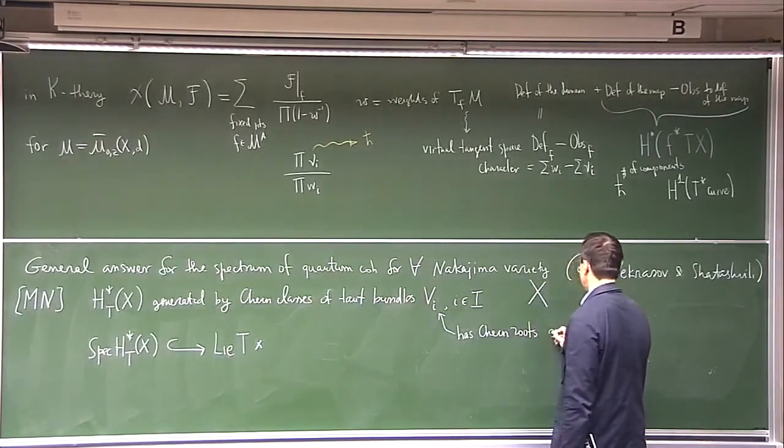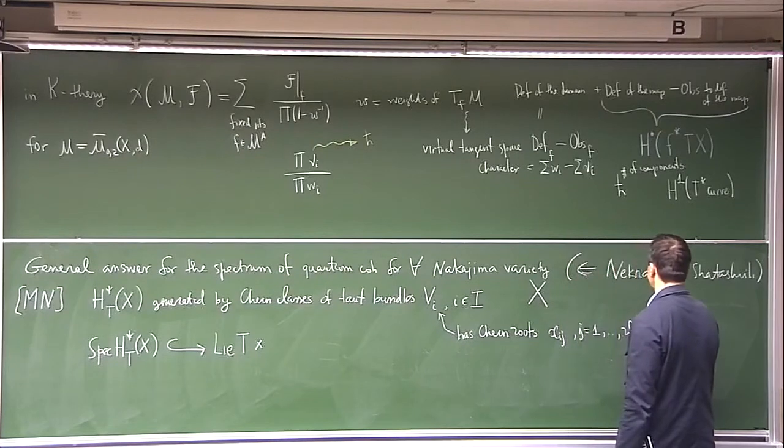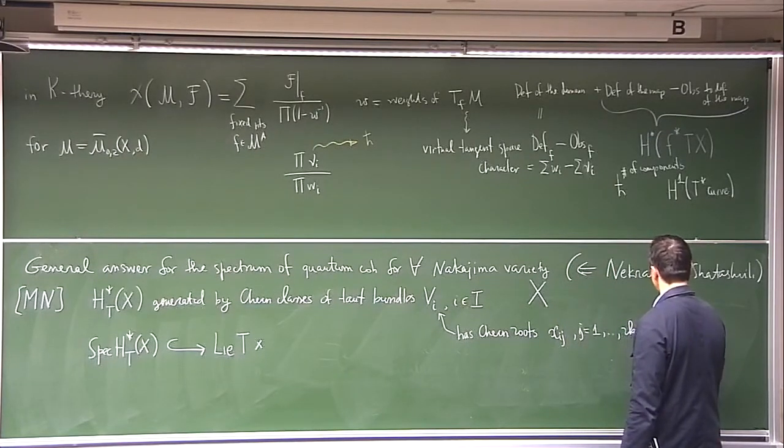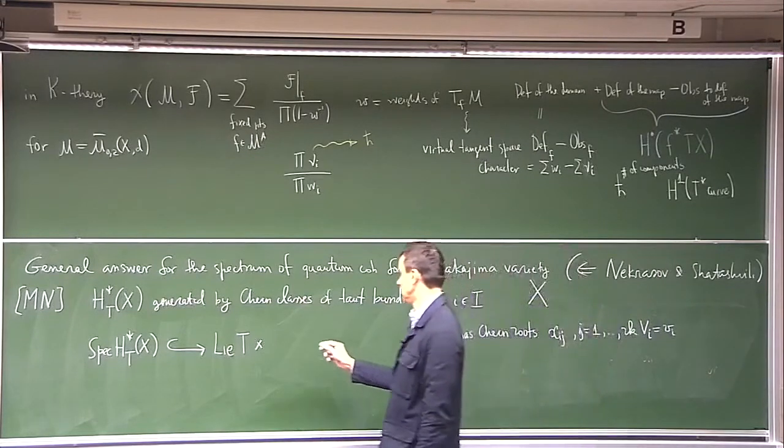Maybe call them x_{i,j}, where j ranges from 1 to the rank of V_i. This rank of V_i is usually denoted with little v_i.